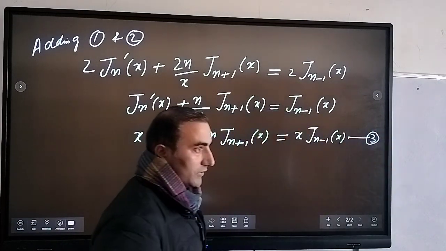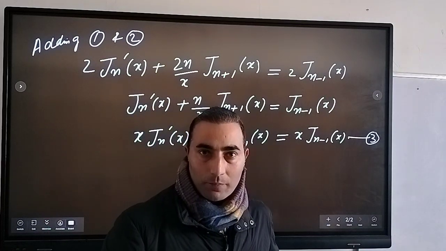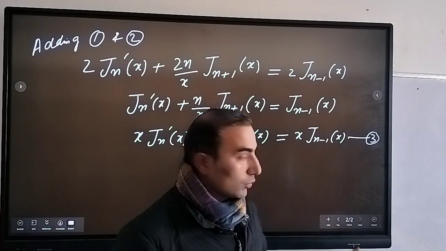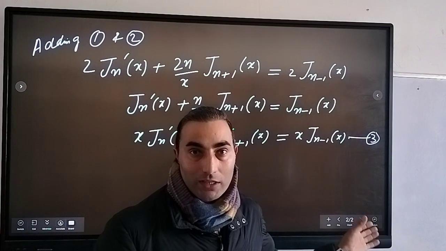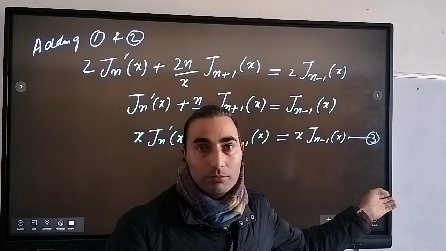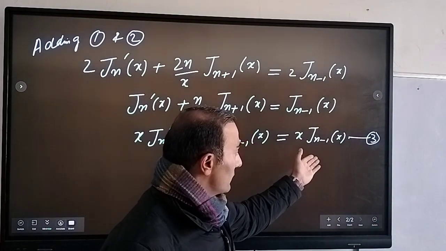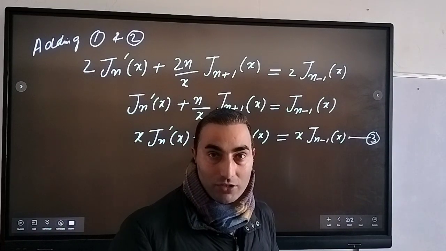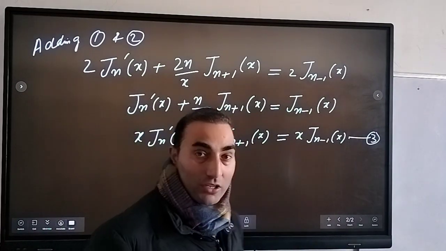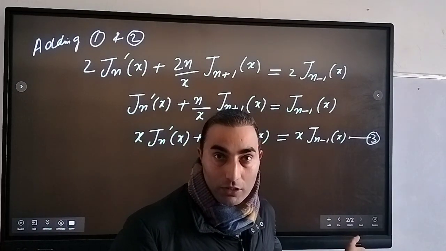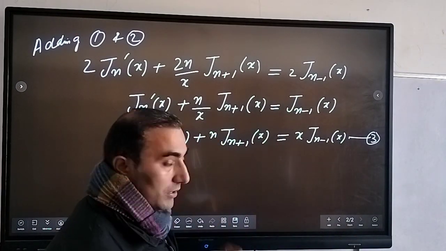So this is another recurrence relation, because I'm getting it by putting different values of n here. If I take a different value of n, you can get a different relation between those J's. If you put n equal to 0, on the right hand side you can have J_(-1), on the left hand side you can have J_2, and for n equal to 0 you can get J_1 plus x J_0, right?